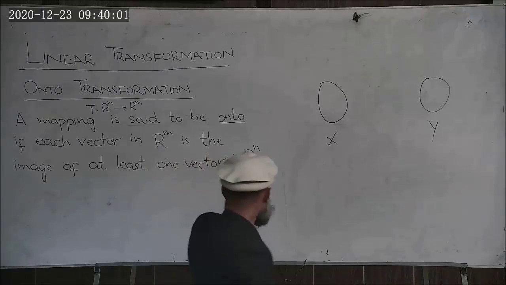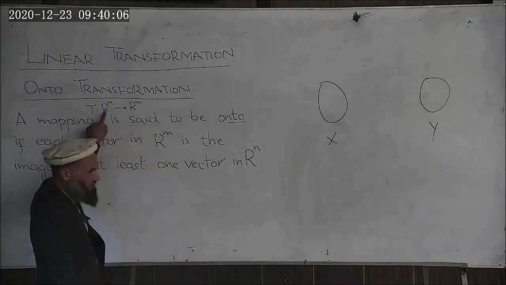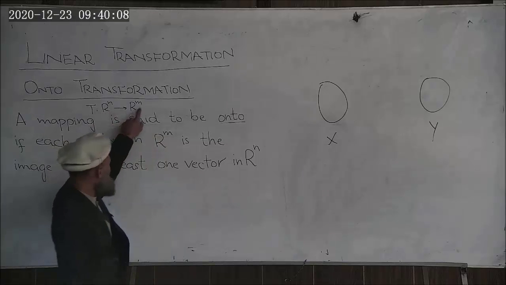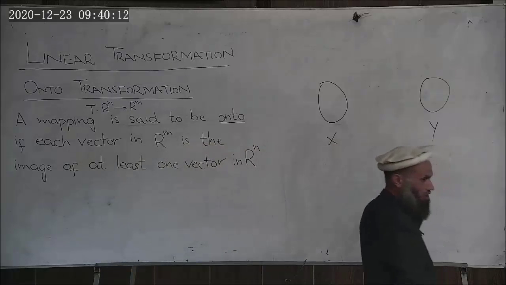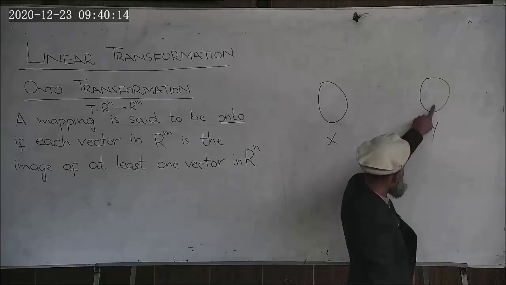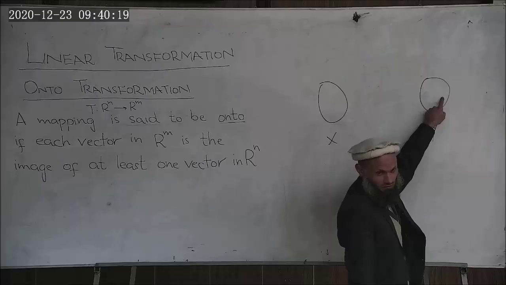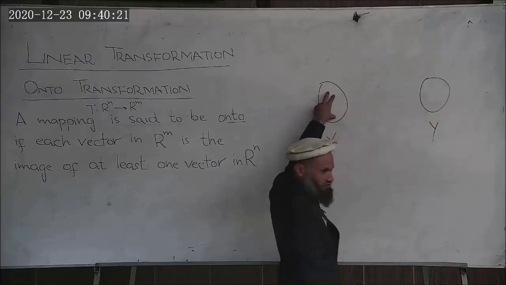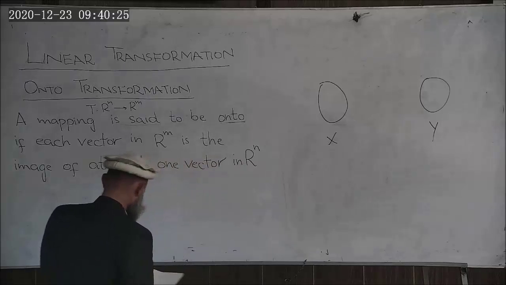So this transformation T, which maps a vector in Rn to a vector in Rm, will be called an onto transformation or onto mapping if each vector in this space is an image of a vector in this space. Let's elaborate it with the help of an example.